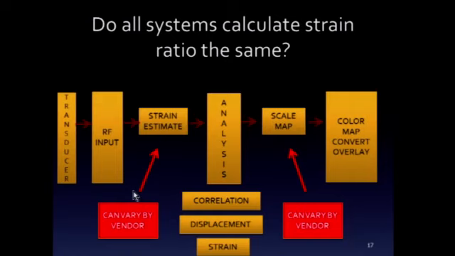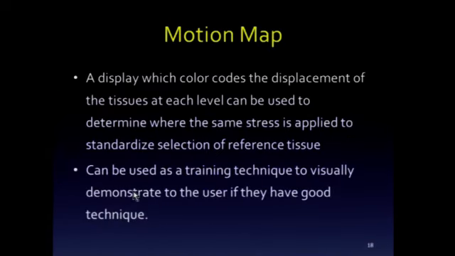So you have to be aware that the strain ratio on one system, even if everything is controlled, may be different than the strain ratio on another system because of variability of each of the vendors. And hopefully with time, the vendors will come to a consensus so that they're all doing things exactly the same and this issue disappears.